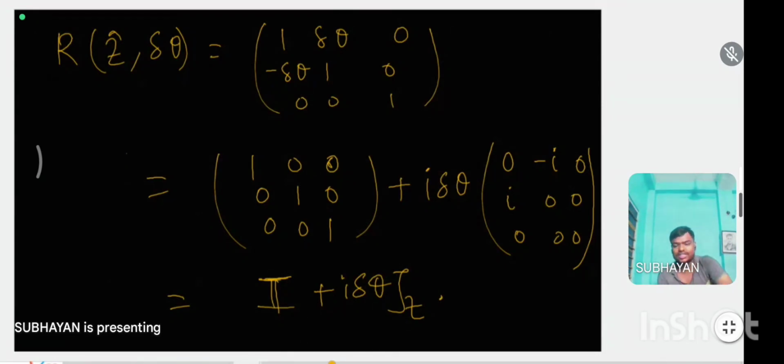Now the question is why I am writing it in that way? Because in quantum mechanics, any dynamical observable or the corresponding operator should be Hermitian. Why?